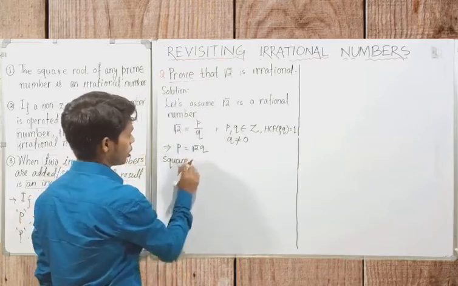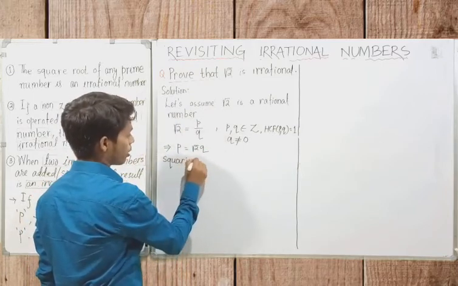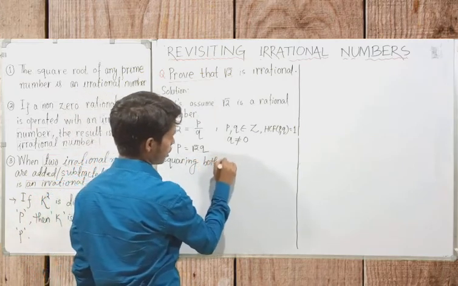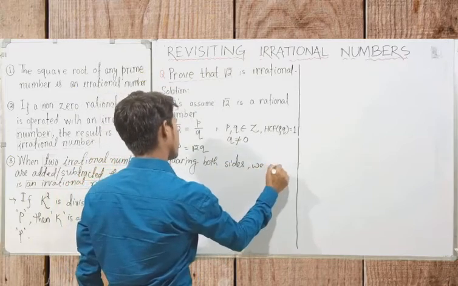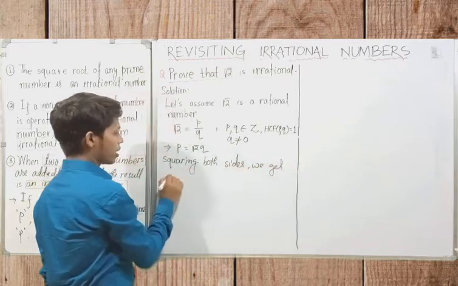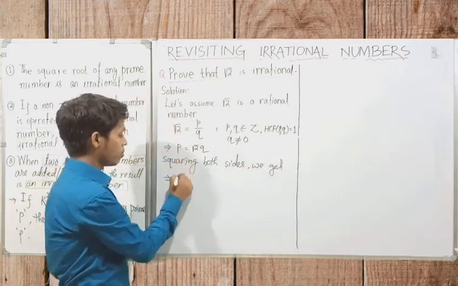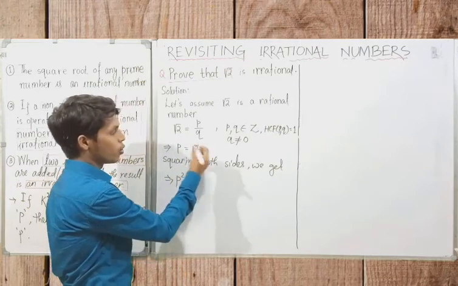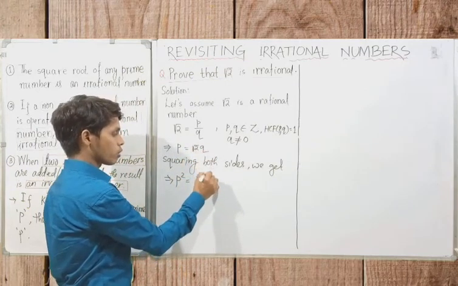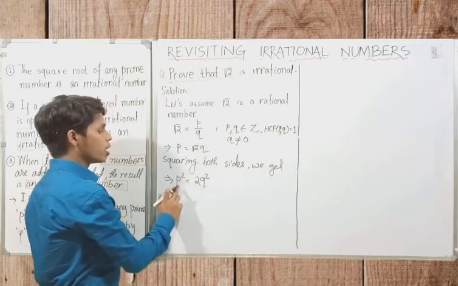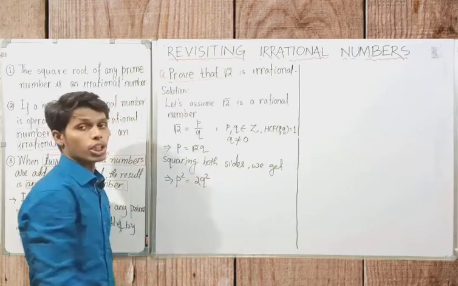So next we will square both sides. What will we get? Square of p is p square, and root 2 q square: root 2 square is 2 and q square is q square. So here we got p square is equal to 2 into q square.